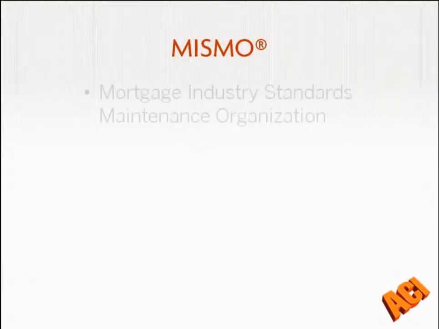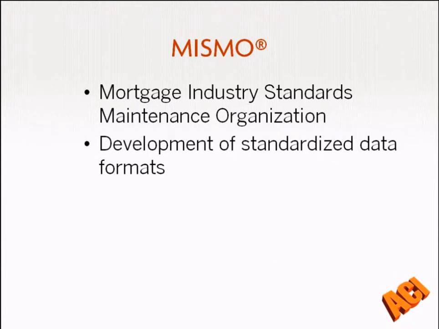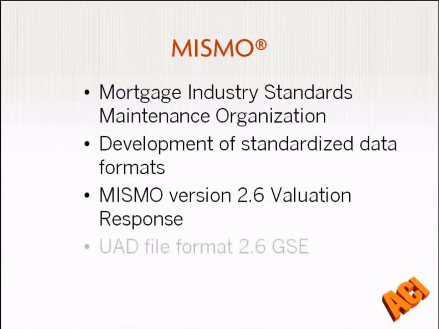MISMO is the Mortgage Industry Standards Maintenance Organization. MISMO is an industry standards group whose role includes development of the standardized data formats. The GSEs selected MISMO version 2.6 Valuation Response as the basis for their UAD file format, 2.6 GSE.